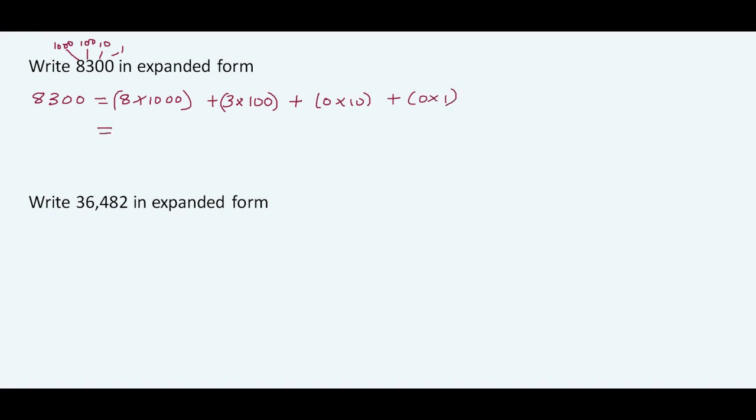So this is going to give us 8,000 plus 300 plus 0 plus 0. So that is what 8,300 is. Some teachers may tell you that you don't need the 0. That's also fine, but I'm trying to show you the breakdown of how to expand it based on the place value.